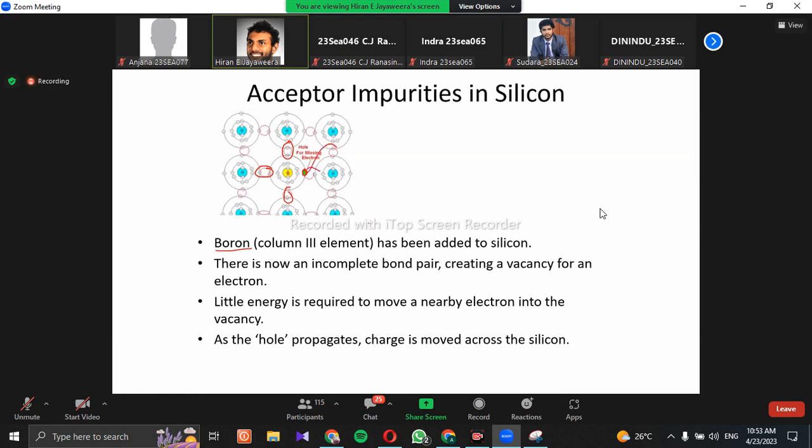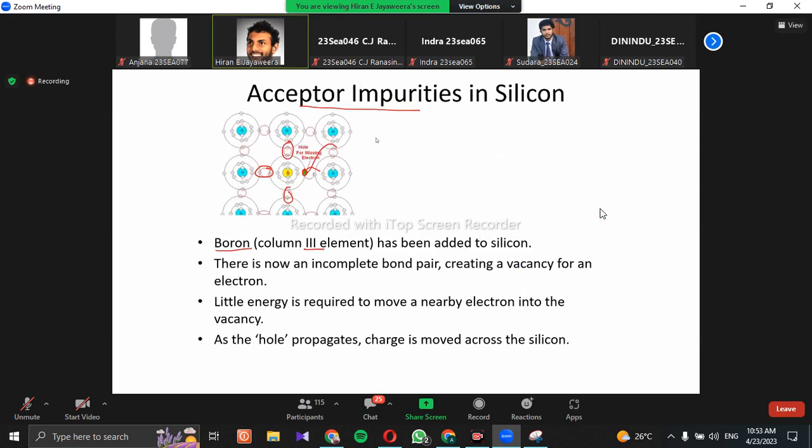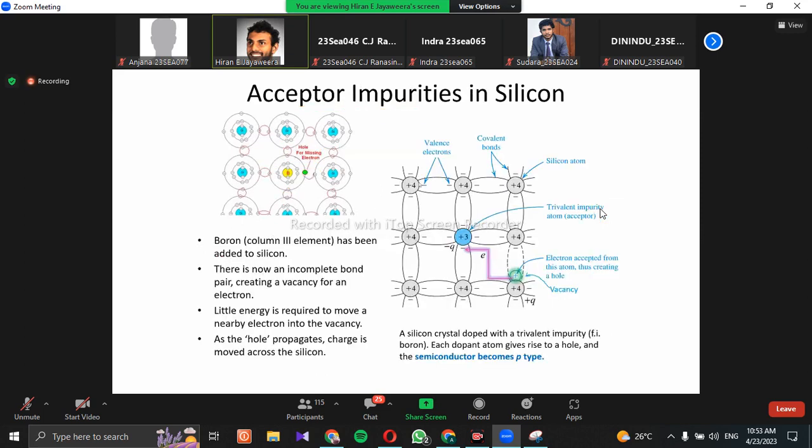So when you add impurities from column 3, we call them acceptor impurities. That means they are ready to accept electrons. And when you add impurities from the 5th group, we call them donor impurities. They would like to donate electrons to the system. Right.